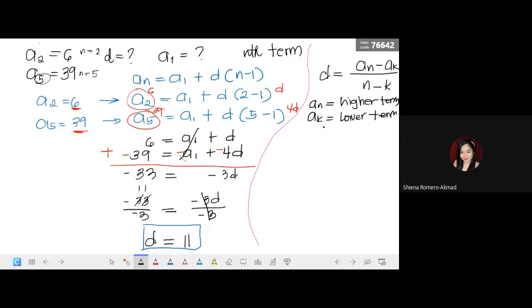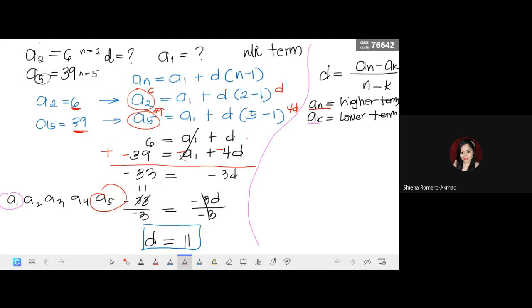When we say higher term, kung meron kang A sub 1, A sub 2, A sub 3, A sub 4, A sub 5, ang higher term natin dyan ay yung A sub 5. At ang lower term natin ay si A sub 1. Okay, so nagets nyo ano ibig sabihin ng higher term and lower term.